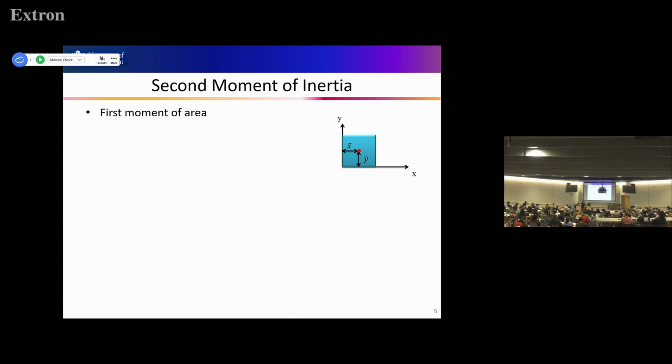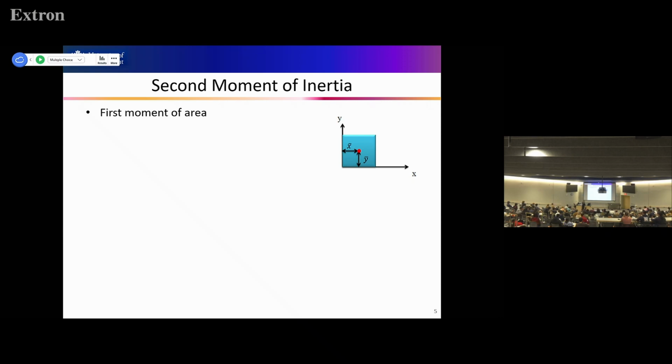Let's start this definition from the first moment of area. We already learned the first moment of area when we calculated the centroid earlier in this semester. What was the first moment of area? Moment was force times moment arm, right? And then moment of area is area times moment arm. What is the moment arm?